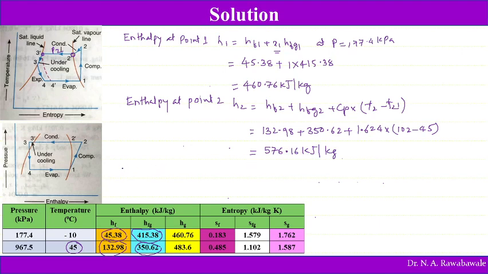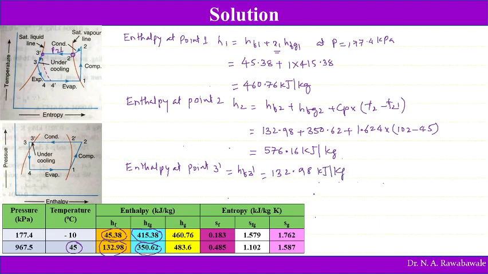So enthalpy at point 3, which we call point 3 dash: HF3 dash is given from the steam table at pressure P2. HF3 dash is 132.98 kilojoules per kg.